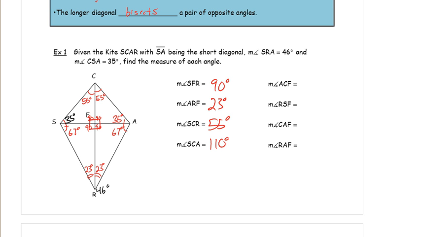ACF is going to give us another 55. RSF is going to give us 67. C to A to F is 35 degrees, and then R to A to F is 67. So again, make sure you can go ahead and fill everything in from there.